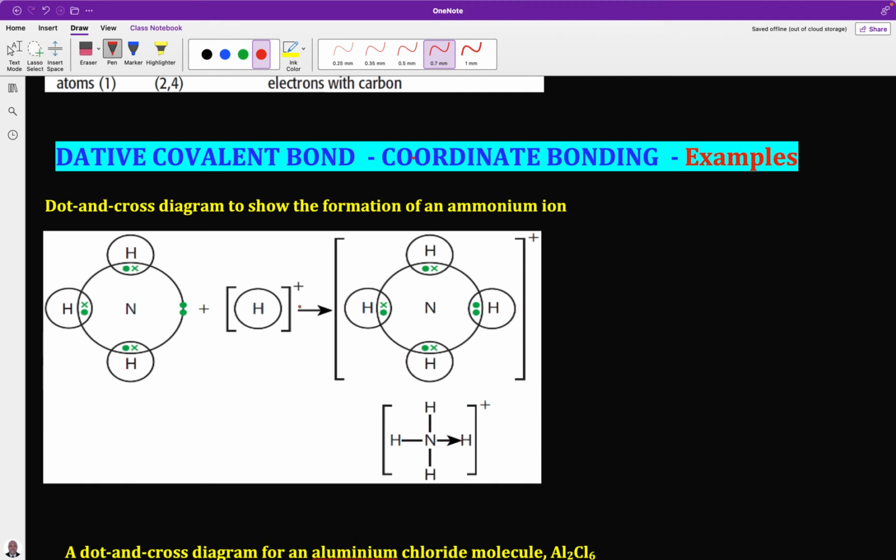This bond is formed when one of the atoms provides both electrons for the sharing. The pair of electrons used for the sharing is donated by only one atom. The two atoms are not both donating an electron as in the other cases.